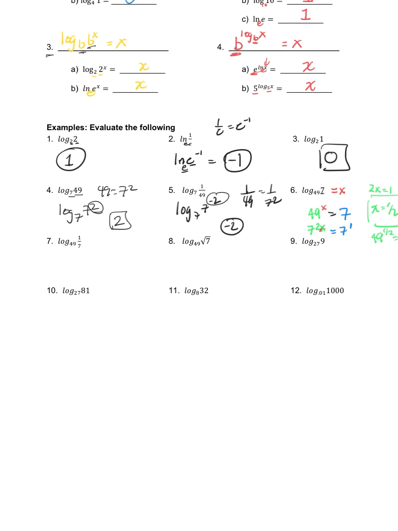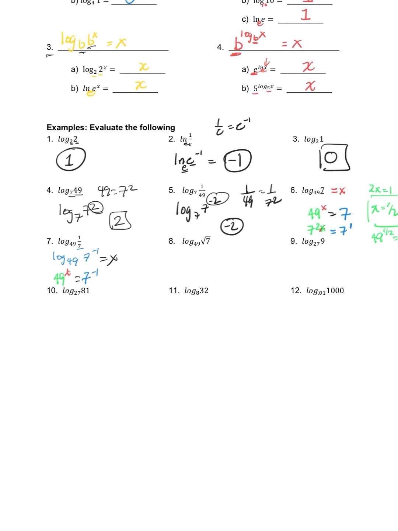Okay, next problem. Same idea. We cannot change this to something with a base of 49, but we can rewrite it as log base 49 of 7 to the negative 1, and set that equal to x. Change to exponential form: there's your base of 49, your exponent is x, and it's equal to 7 to the negative 1.